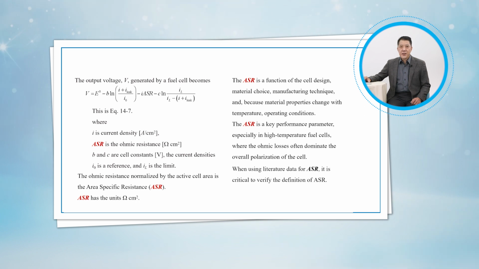When using literature data for ASR, it is critical to verify the definition of ASR. Some researchers have defined ASRs to include the activation and concentration polarization as well as the ohmic polarization.